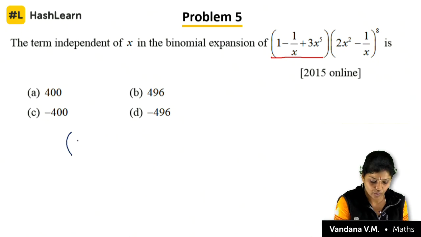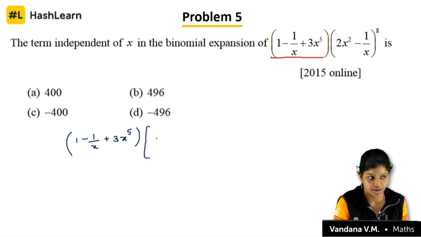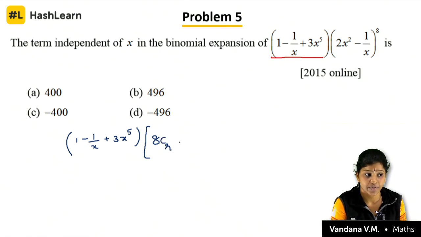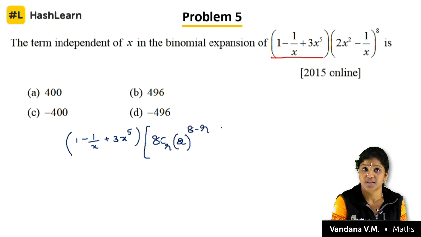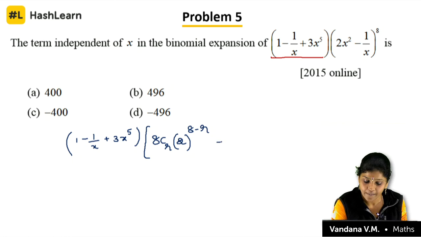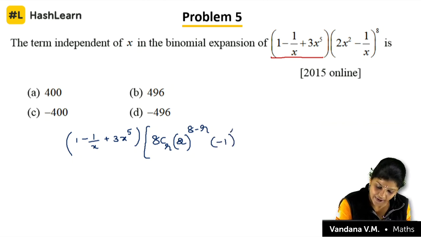I told you, right? 1 minus 1 by x plus 3x power 5 into binomial expansion is 8Cr. First, let me write this 2 power 8 minus r. All the constants I am going to write one side, minus 1 whole power r.